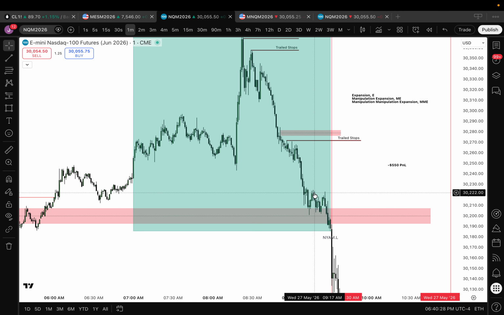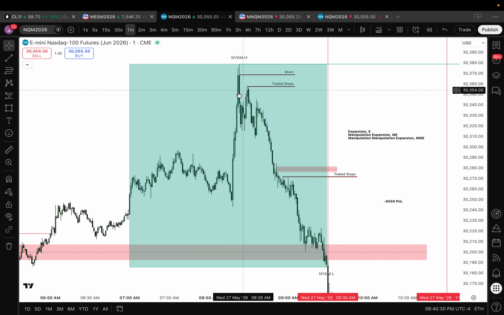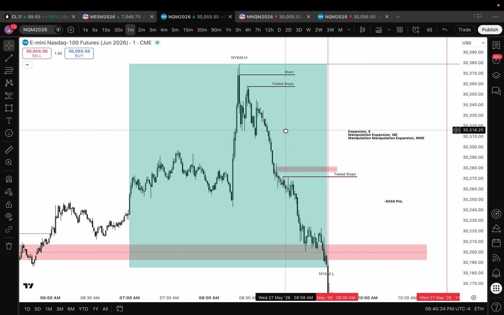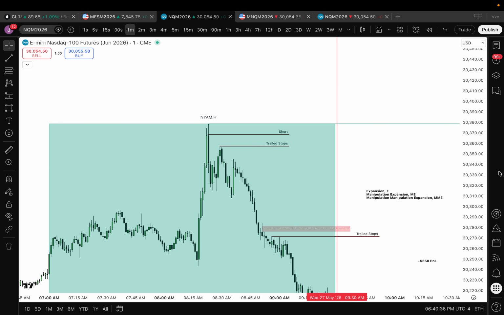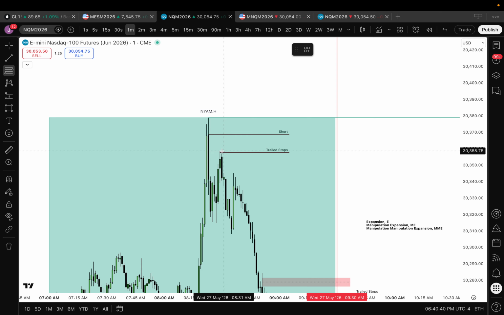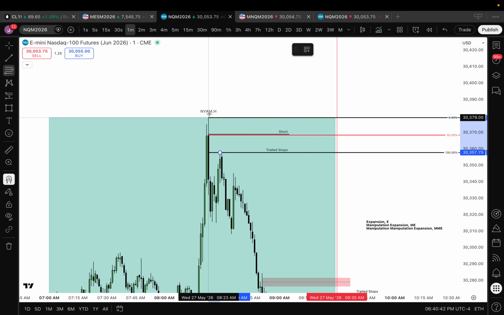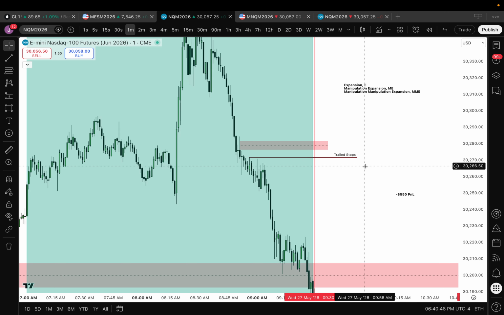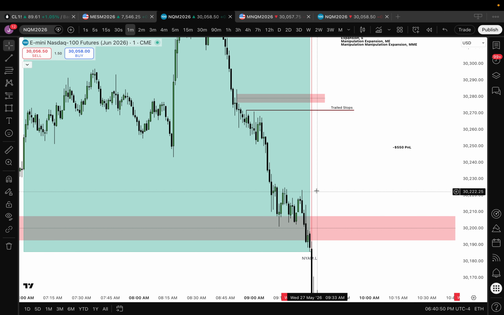Like if it's really obvious that it's going to go up to here, or to this trailed stop, for example, which wasn't a great trailed stop, that would probably be a 1 to 10 because I can enter at a very good point. I can enter sub 1 minute, so I don't have to wait for price to go up here to invert a fair value gap and then long right here.